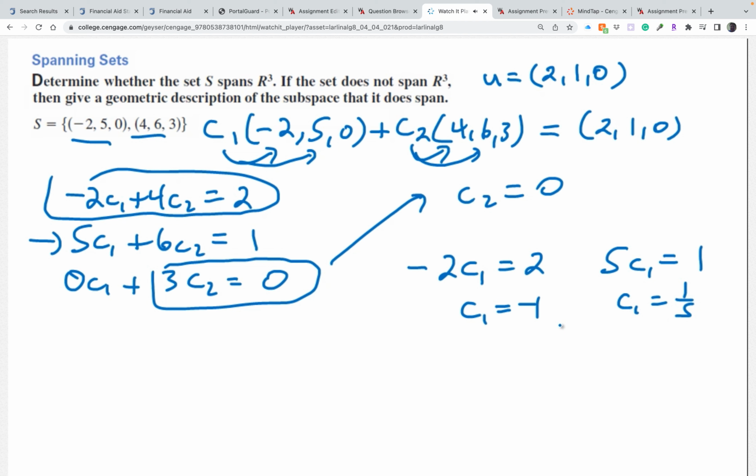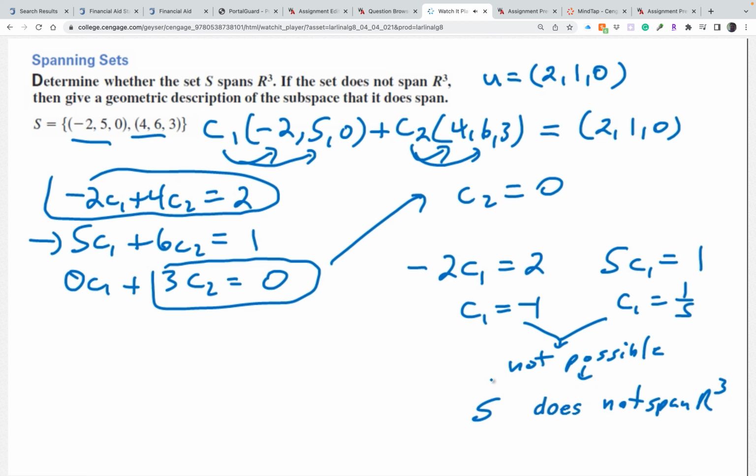But c sub 1 cannot take on two different values, so this is not possible, which tells us that S does not span R3. So we saw that we could find a vector in R3 that cannot be created from a linear combination of these two vectors in S.